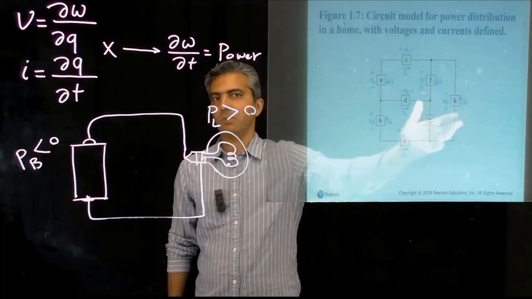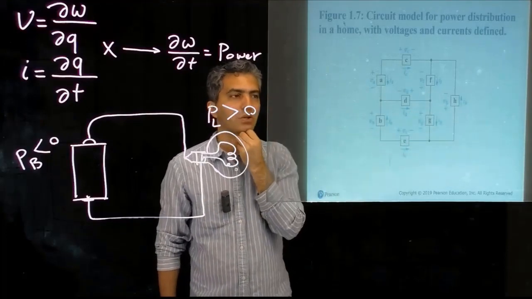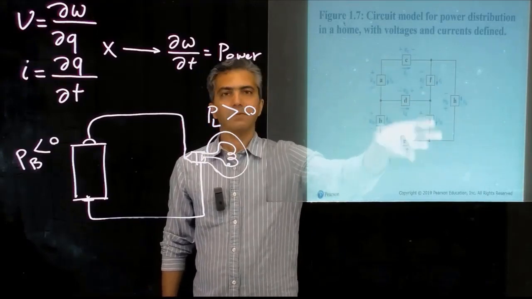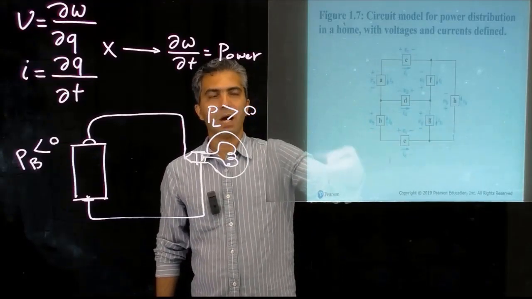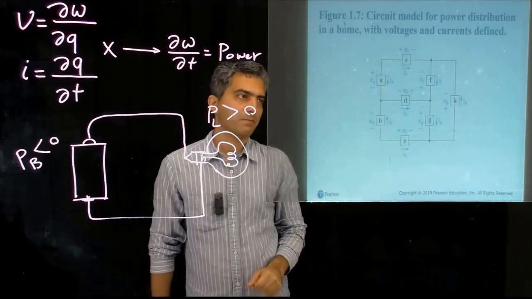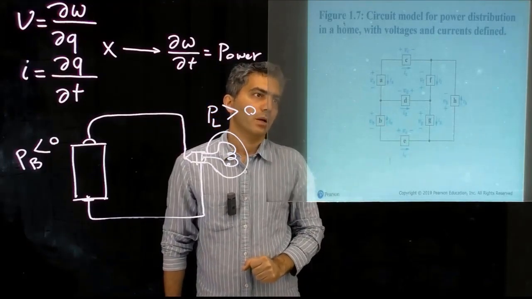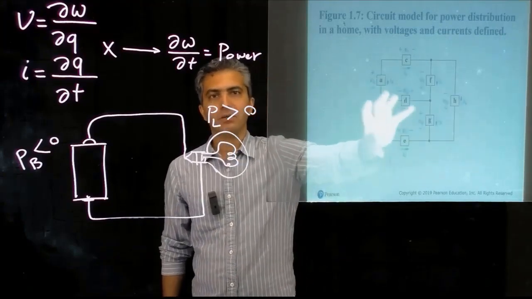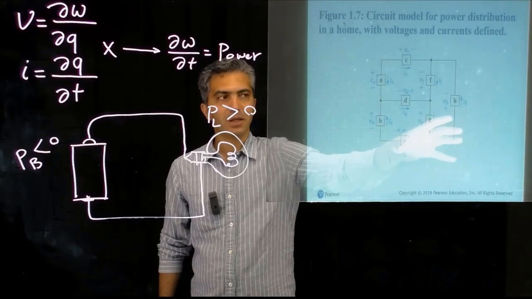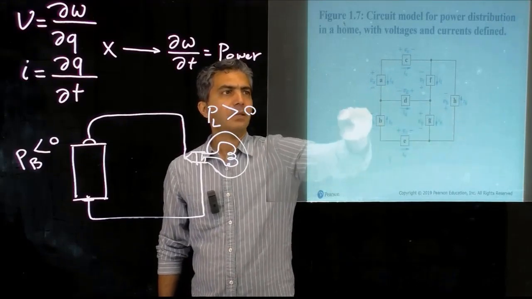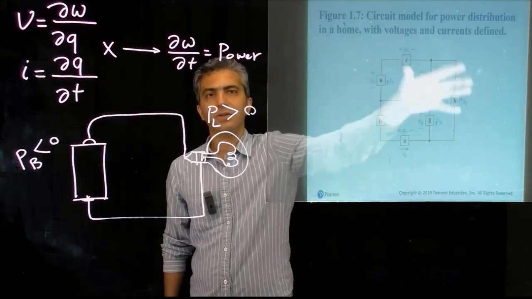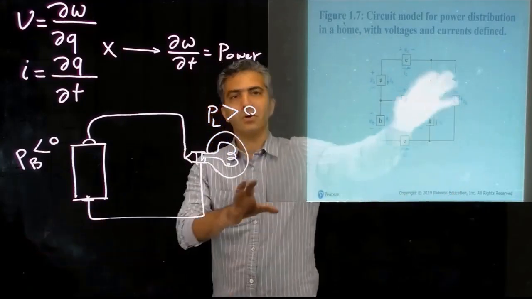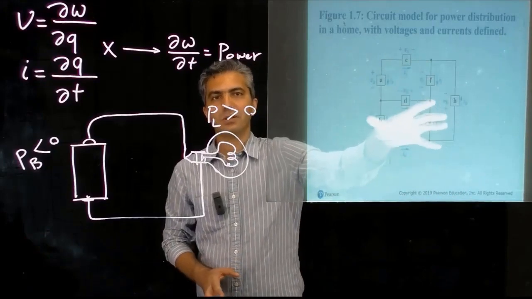Now, it could be one of the components, it could be more than one of the components that generate. We don't know what these components are. Any one of these components could be batteries or electrical power sources. Now, given that there is going to be some action going on in this network, this system, in terms of the electrical energy, is isolated from the rest of the world, meaning that there is no other electrical connection to this network.